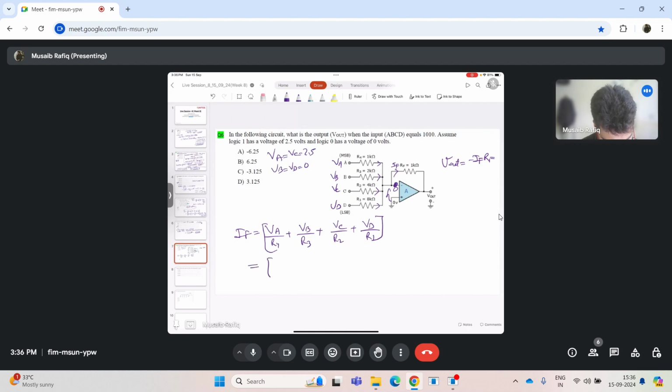So I can write it as VA by R4 plus VC by R2, and my Vout is equal to minus times VA times RF by R4 plus VC times RF by R2. Plugging in the values, it will be minus times 2.5 times RF is 1 by R4 is 1, plus VC is 2.5, RF is 1, and R4 is 4.